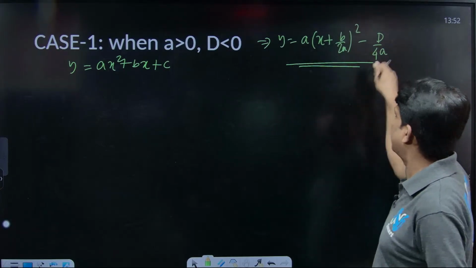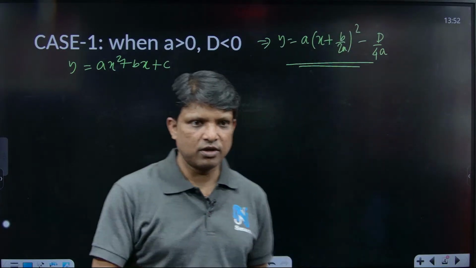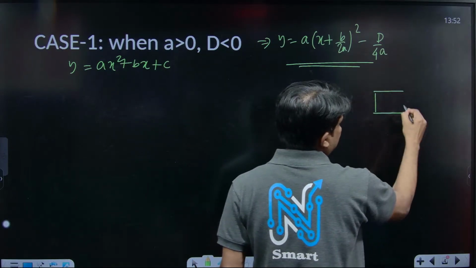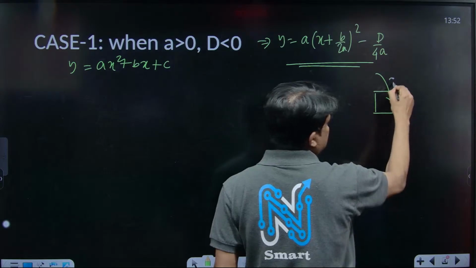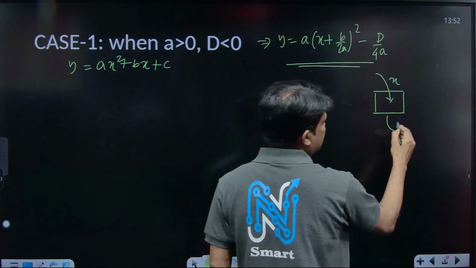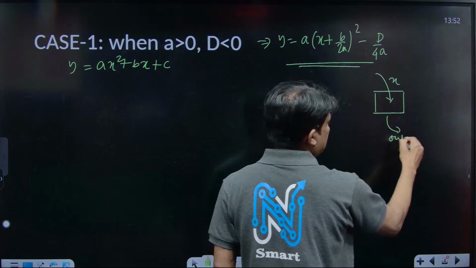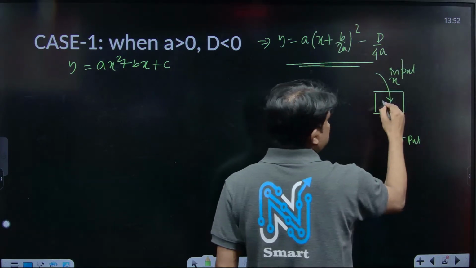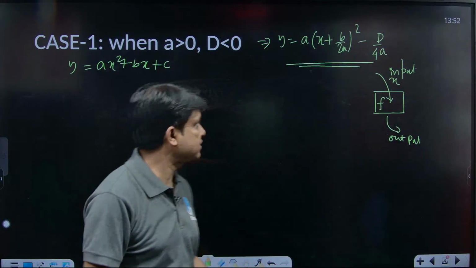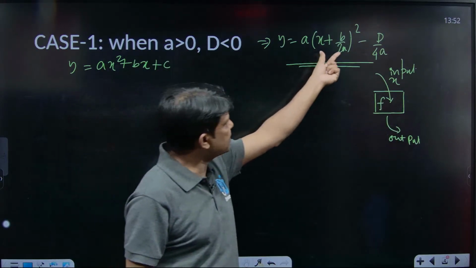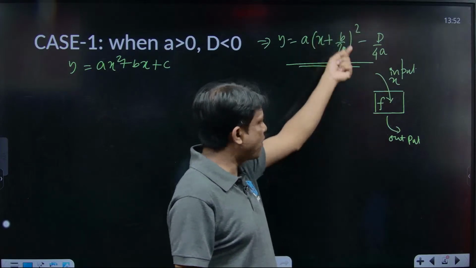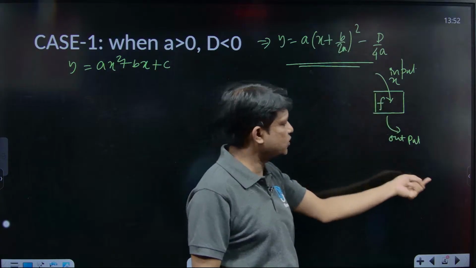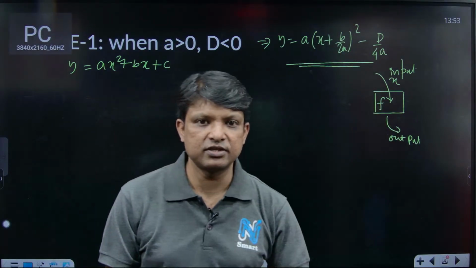This is like a function: when we input the values of x, y will be the output. If we put input x we get y. When a is positive and d negative, the whole expression is positive, so for any real number x, y is a strictly positive quantity.